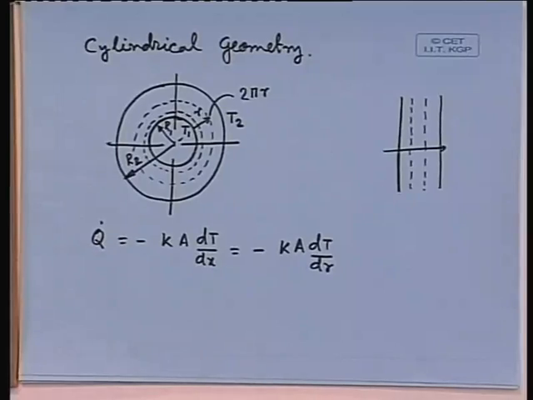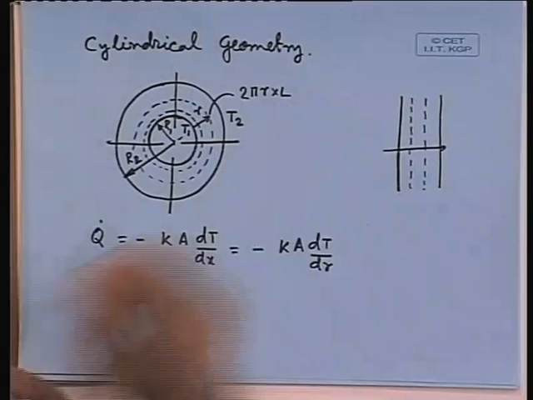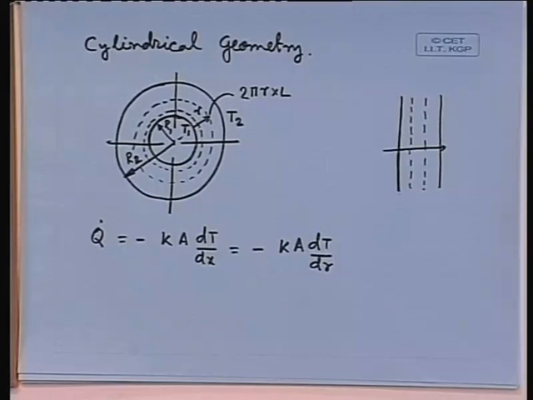All right. And a general expression of the area, let us say at radius r, will be 2 pi r into L, 2 pi r into L.